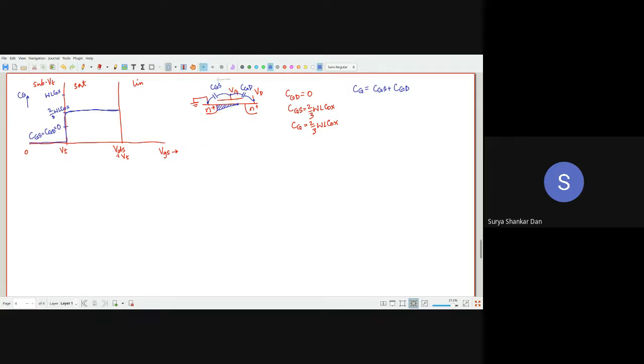I'll do one thing. I'll just simply copy this. Okay. So this was saturation. This is linear. In the linear region, there is hardly any tapering of the channel. That channel will be uniformly spread out. Okay. So what we will do is we will simply say that okay, CGS equal to CGD equal to half.